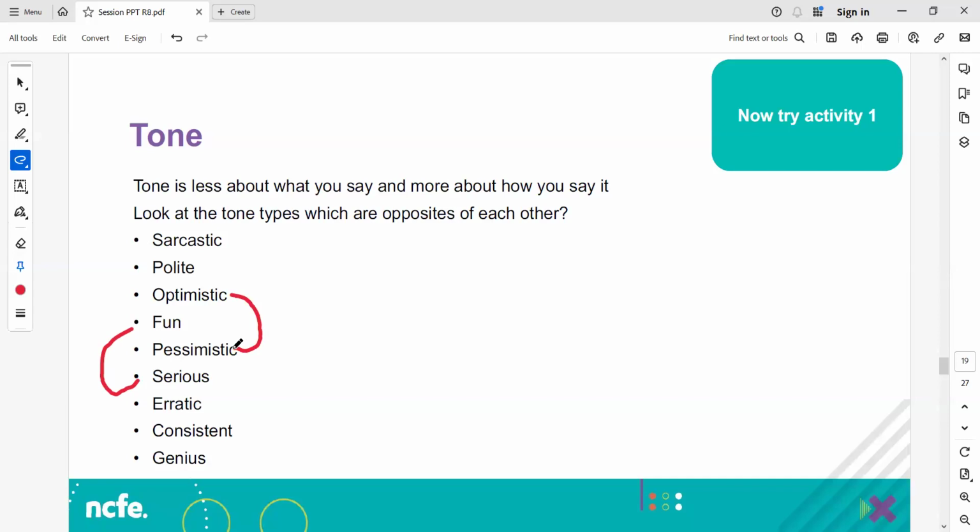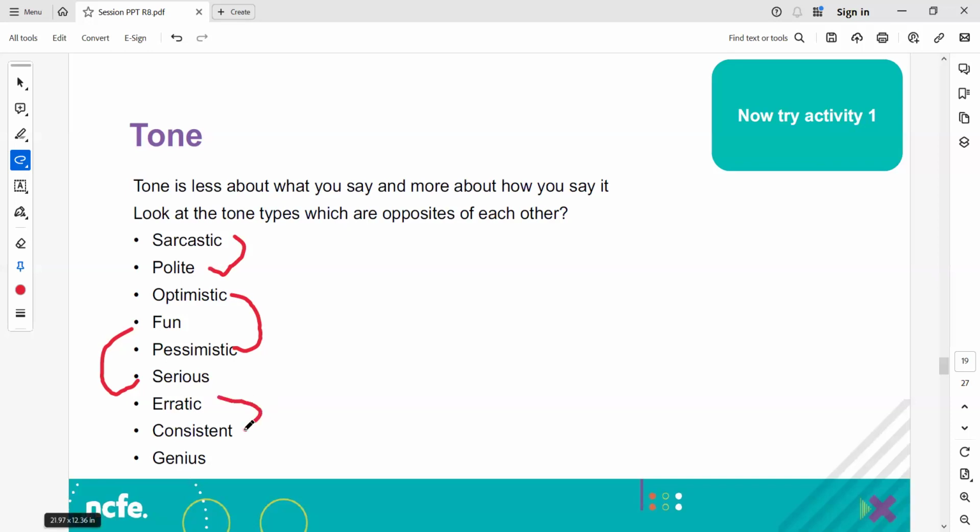So we've got sarcastic, which is often deemed to be rude. So what would be the opposite? Polite. Good. So sarcastic, polite. Erratic and consistent. Yeah, good.